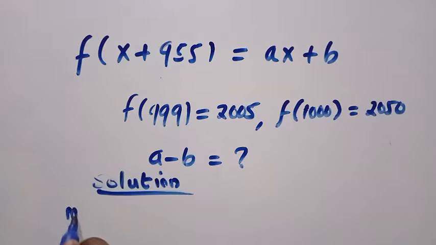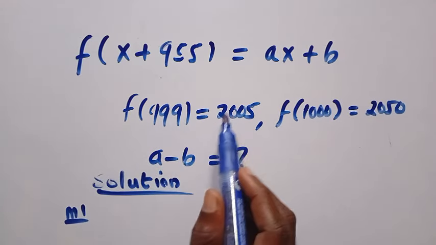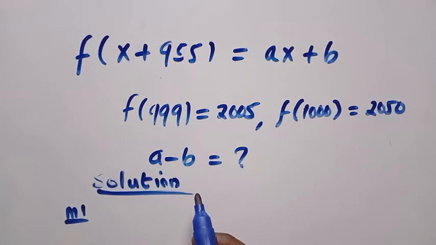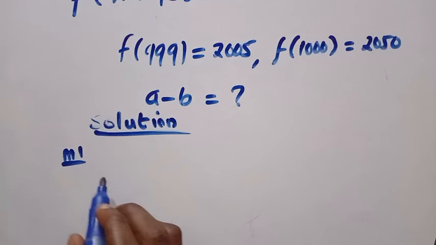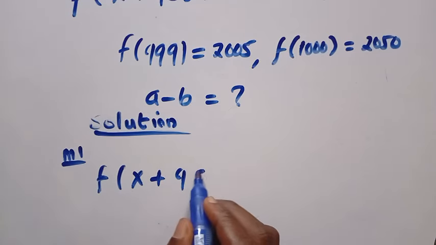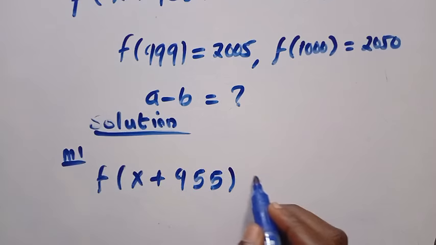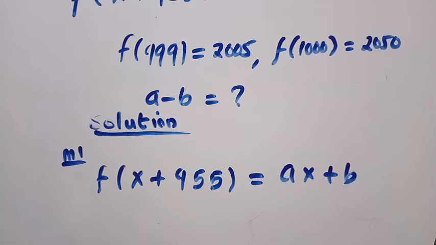We consider the first method, method 1. So let's start with f of 999, which equals 2005. Here, from the function, we have f of x plus 955 equals ax plus b.